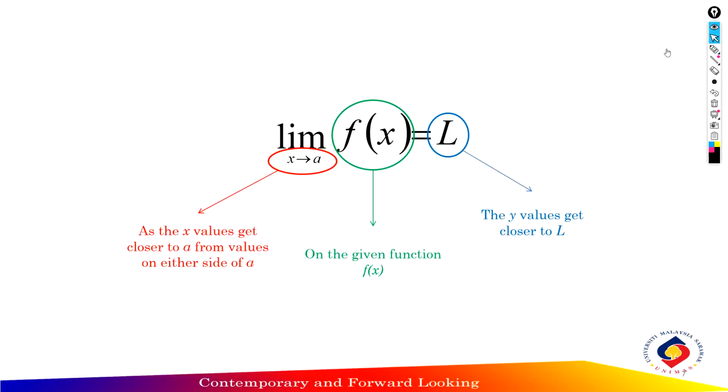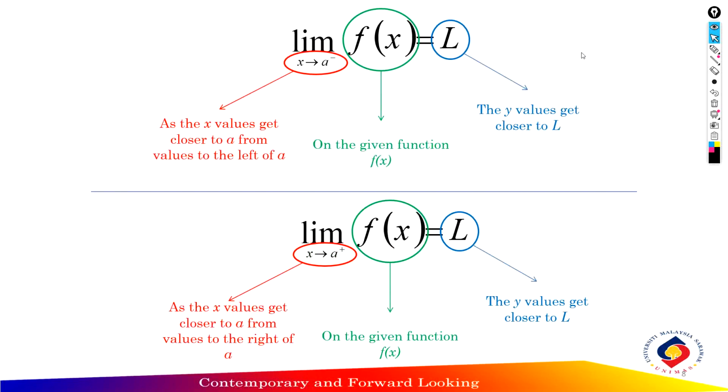In the second notation, the limit as x approaches a from the left of the function f(x) equals L. Okay, second notation, this minus sign means the limit as x approaches a from the left of the function.